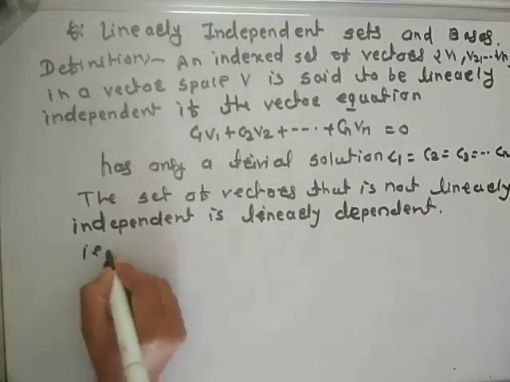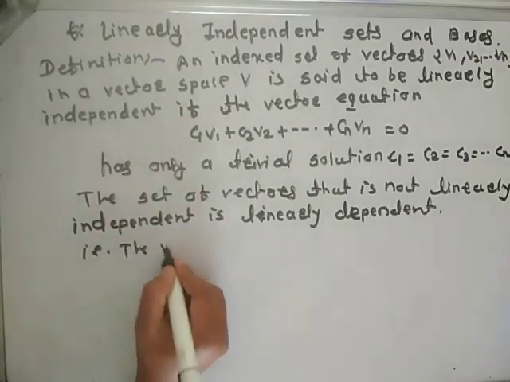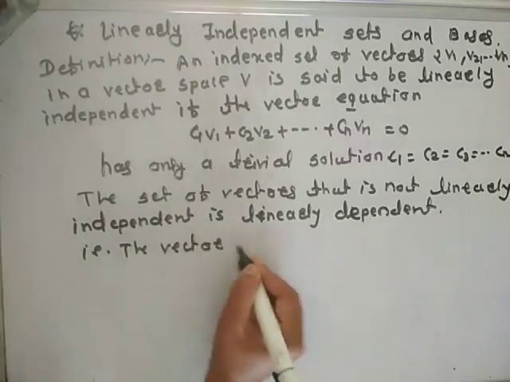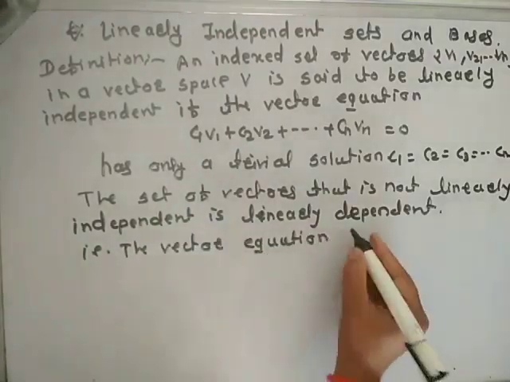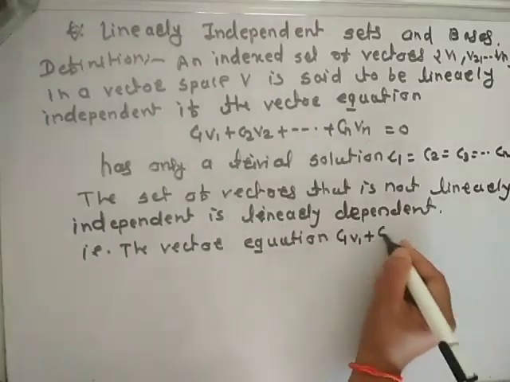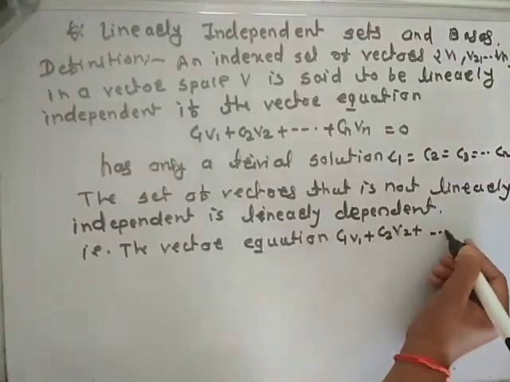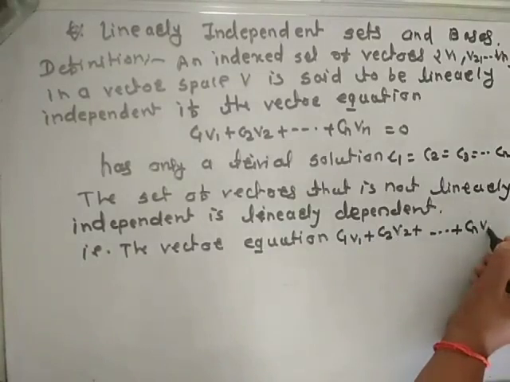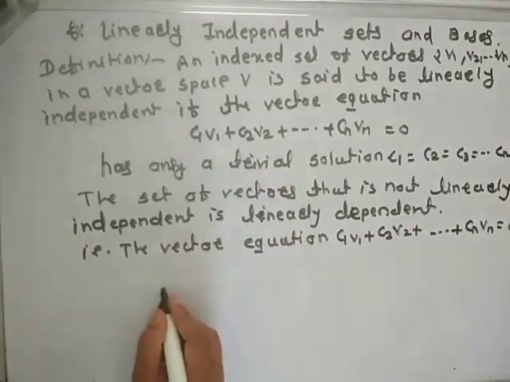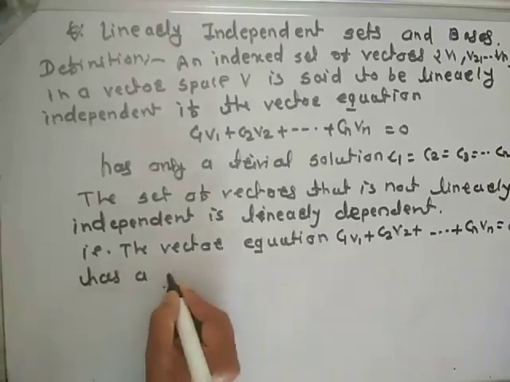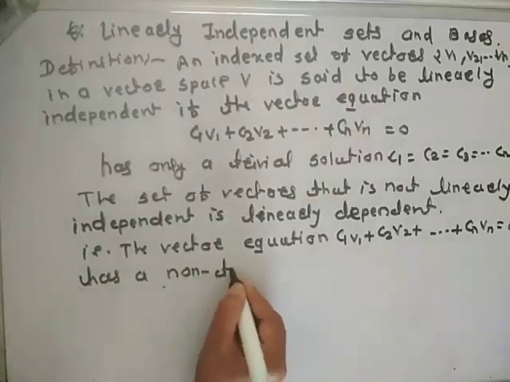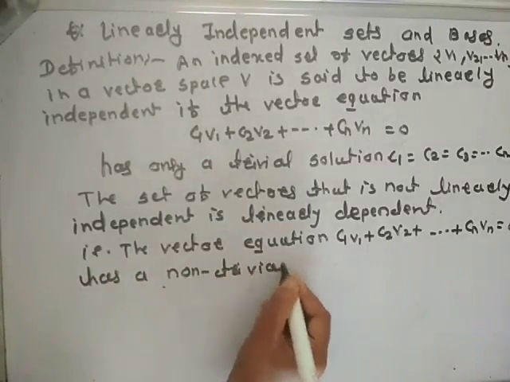That is, the vector equation c1v1 plus c2v2 plus and so on up to plus cnvn is equal to 0 has a non-trivial solution.